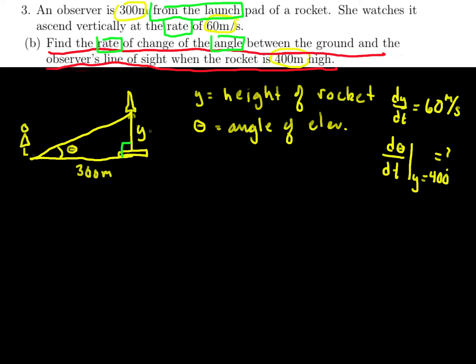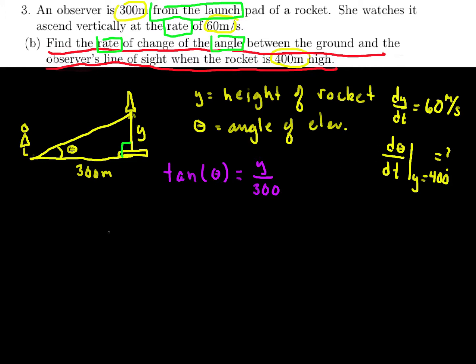Because tangent is the ratio of opposite over adjacent. So the relationship we'll use is that tangent of theta is equal to y over 300. That's our relationship.